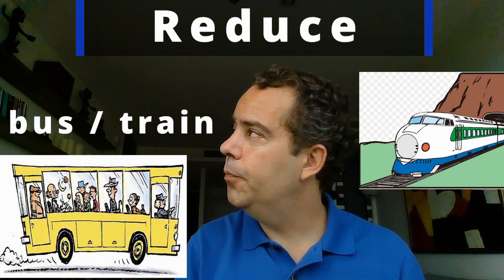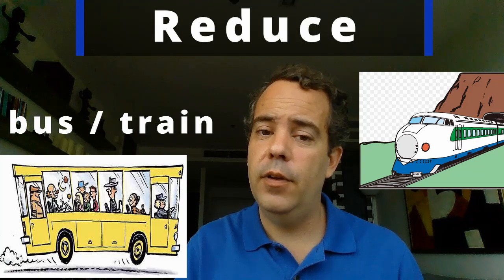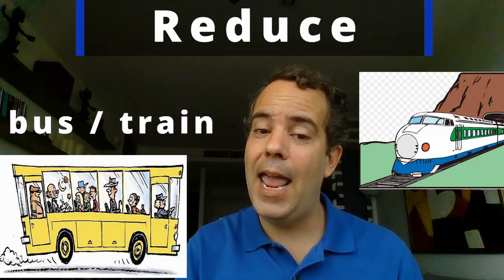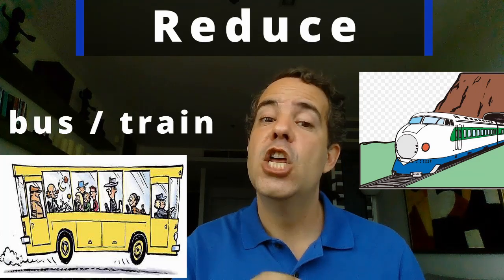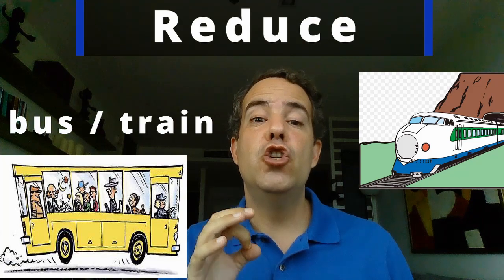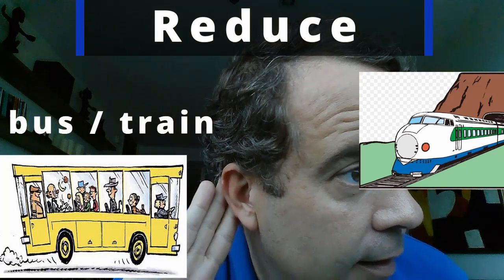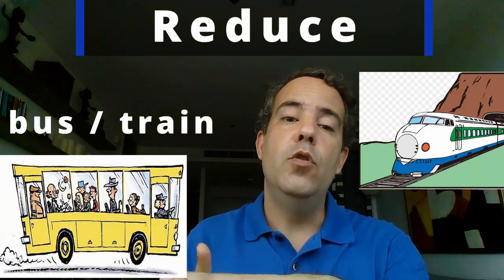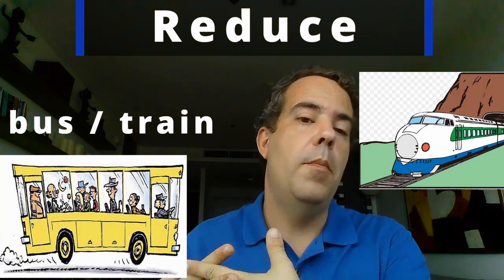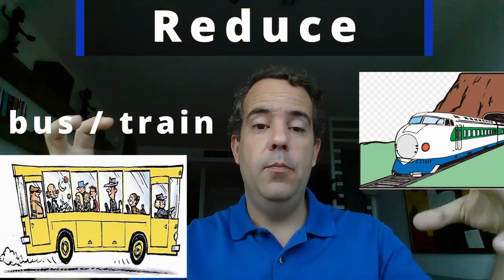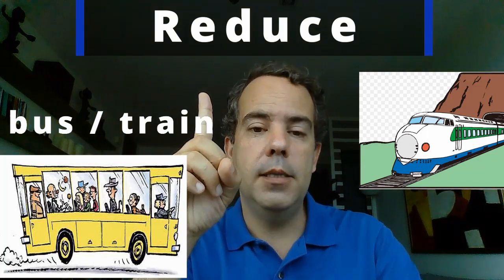Let's just have a quick review. So train, T-R-A-I-N. Train. Good. One more time. Train. Okay, very good. So if you go by bus or by train, it's better because you have many people and just one bus.